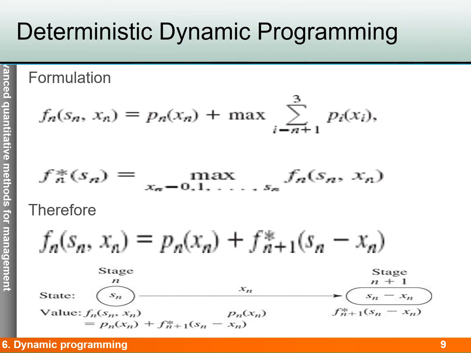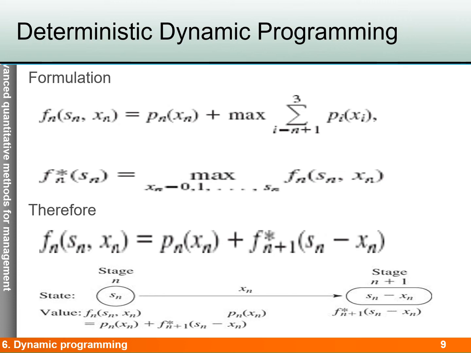And one important item, I can write fn of sn and xn equal to pn of xn, that is the performance measurement of this stage, plus f star n plus 1, where this star shows optimality, here the maximum, of sn minus xn, what remains for us for that level.